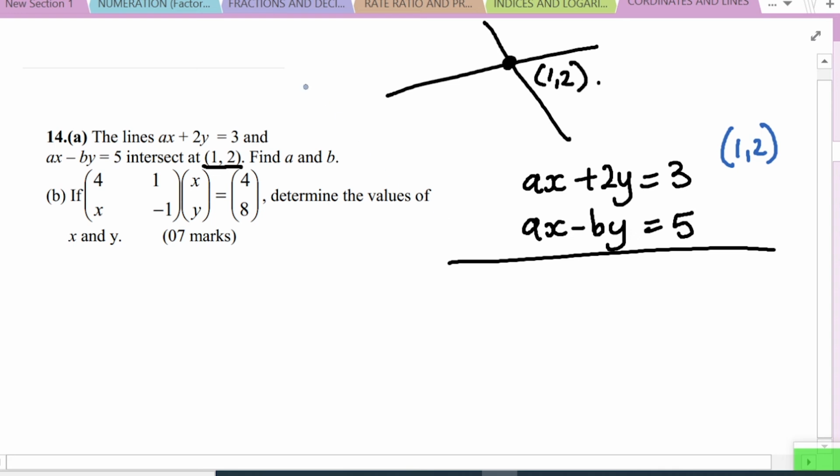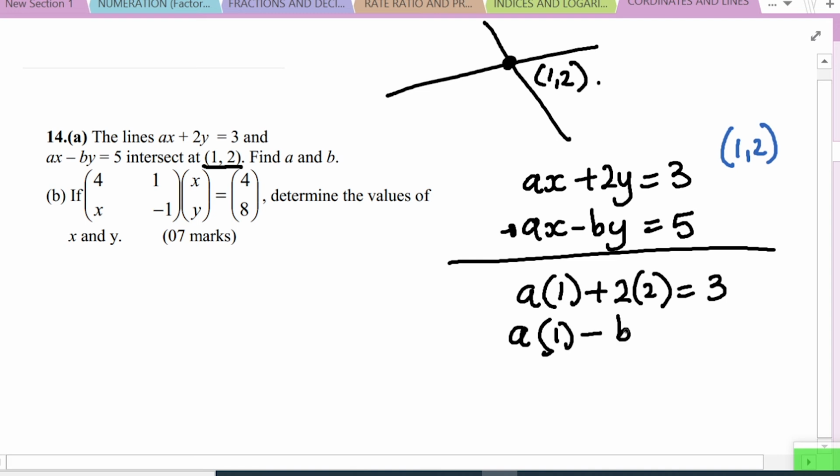We shall begin with the first one. This is a times our value of x, which is 1, plus 2 times our value of y, which is 2, is equal to 3. Then let's go to the second equation. The second equation is a times our value of x, which is 1, minus b times our value of y, which is 2, is equal to 5.